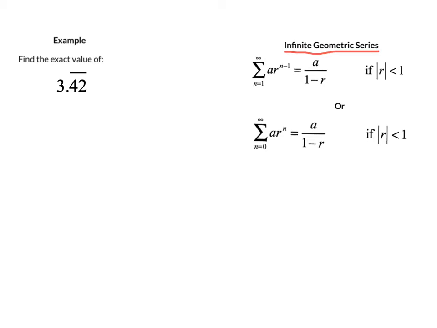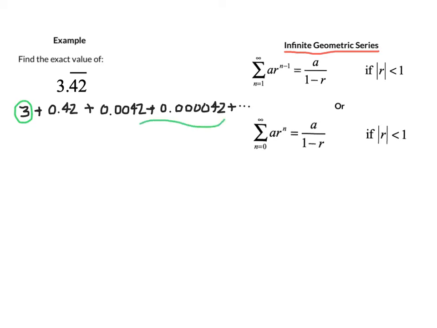I can take 3.42 repeating and write it as 3 plus 0.42 plus 0.0042 plus 0.000042, and so on. So if we look at the term of 3 out front, we're going to separate it off of the repeating decimal, so just don't forget about it. So we have 3 there.